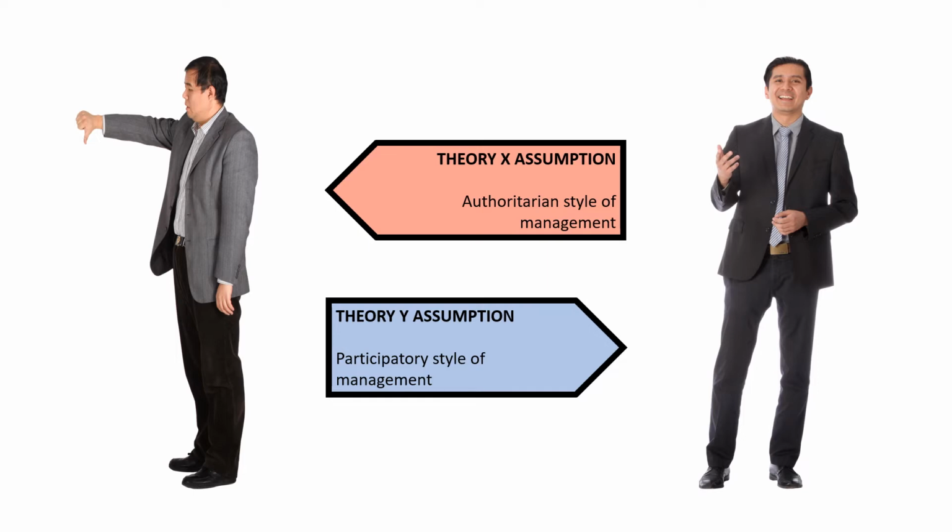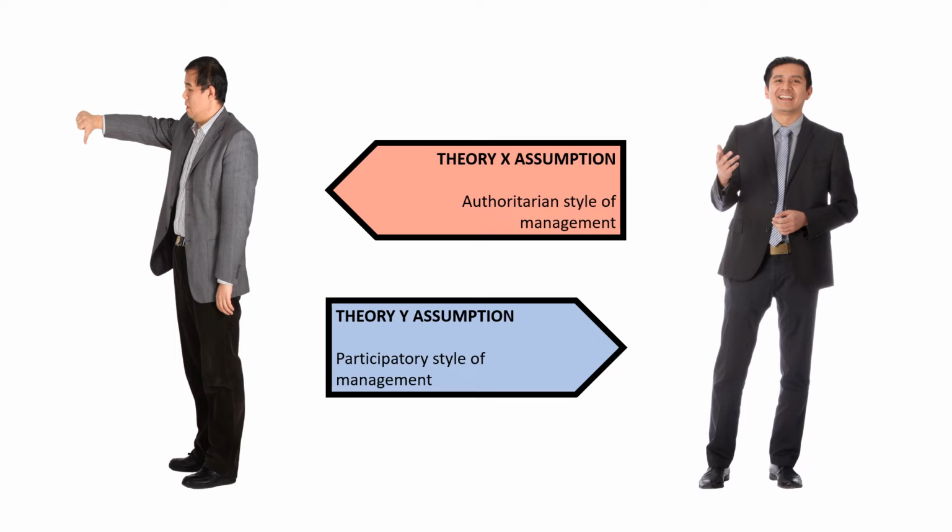Okay, while for theory Y, you can use the participatory style of management. Participatory style of management means that when the manager is doing planning and decision making, he can always involve the employees, the subordinates, in the decision and the planning, because all these employees who are very motivated and love to work are of course full of ideas, very creative, so they will love to give their ideas and opinions on whatever the managers are planning to do.